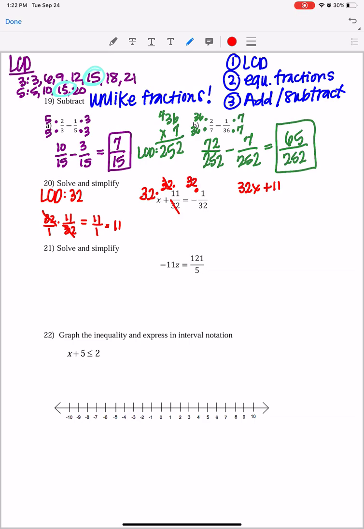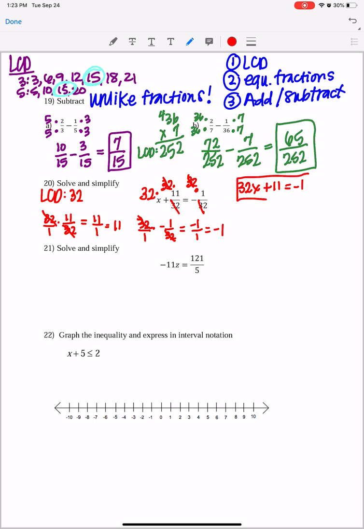Same thing here, 32 times negative 1 over 32, my 32s cancel, and I'm left with a negative 1. Again, down here, 32 times negative 1 over 32, put that over 1 if you want. Those cancel, and I'm left with negative 1 over 1, which is negative 1.